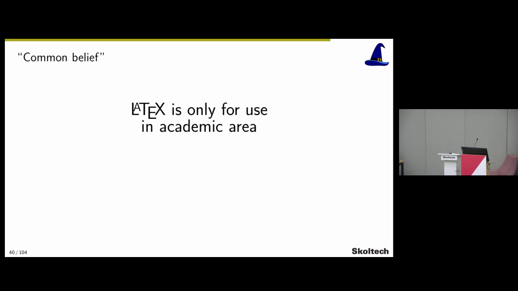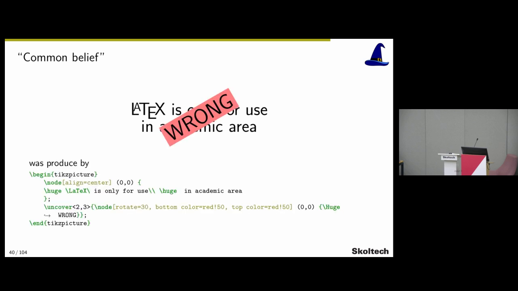So you see that this wrong picture appears only on the second slide. Uncover is the command for that. And then we want to uncover another piece of TeX graphics with the wrong node, rotated, colored, in a huge font. That's all.